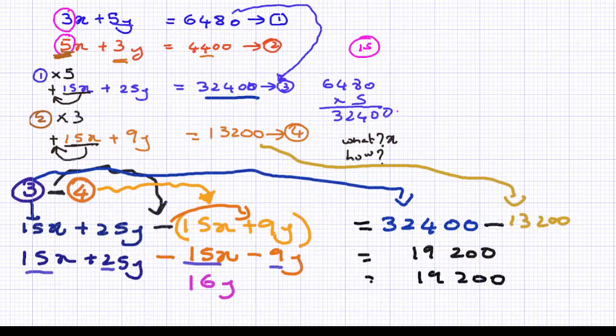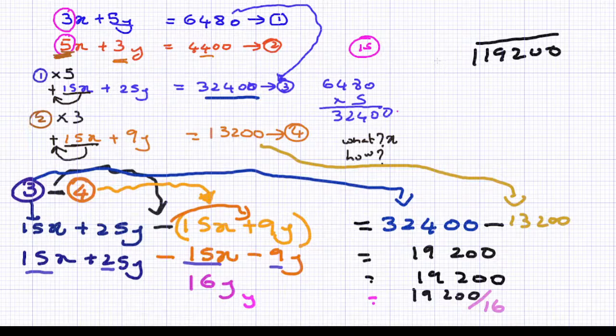Then what would y be equal to? Y would be equal to 19,200 divided by 16. What would that be? 19,200 divided by 16. That's 1. 3 remains. 32 has 4, or rather 2.